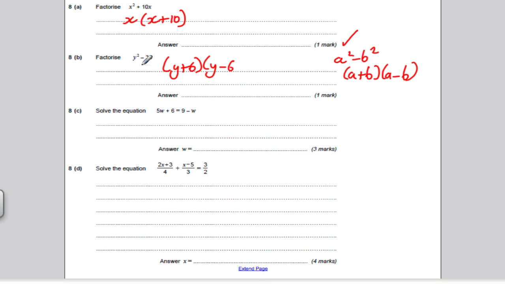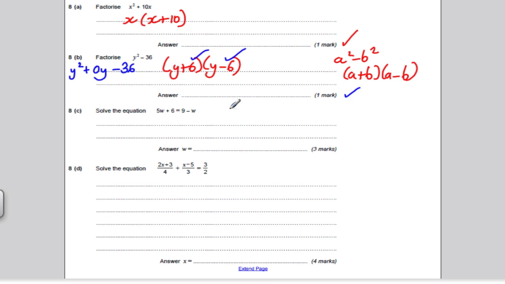Or if you're not familiar with the difference of 2 squares, write it out as a proper quadratic: y squared plus 0y minus 36. Two numbers that multiply to negative 36 and add to 0 are plus 6 and minus 6, hence y plus 6, y minus 6.